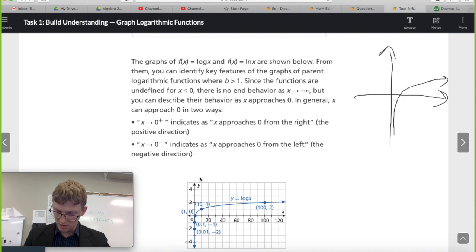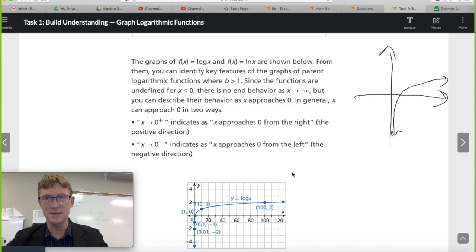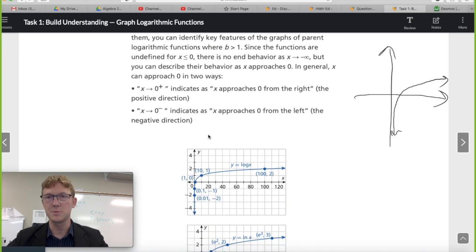This is just a generic graph. So everything over on the left side of the y-axis is undefined. Undefined, you know. So we can be a little bit more specific about how it approaches 0.